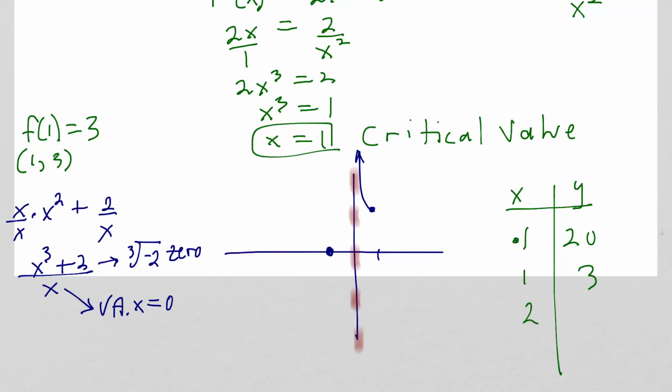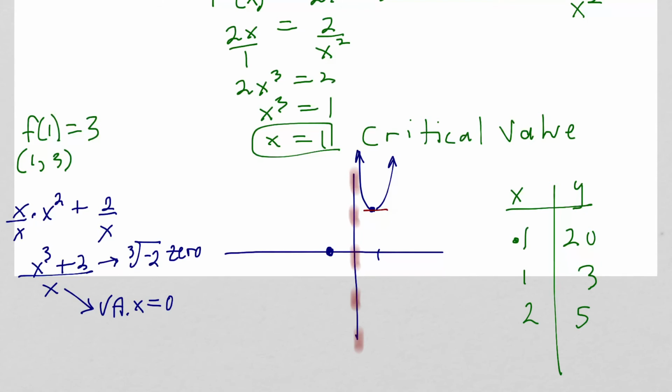When you plug in 2, is it going down here or is it going up here? So when I put in 2, I get 5. So it's going this way. That means I've got right here a local min.